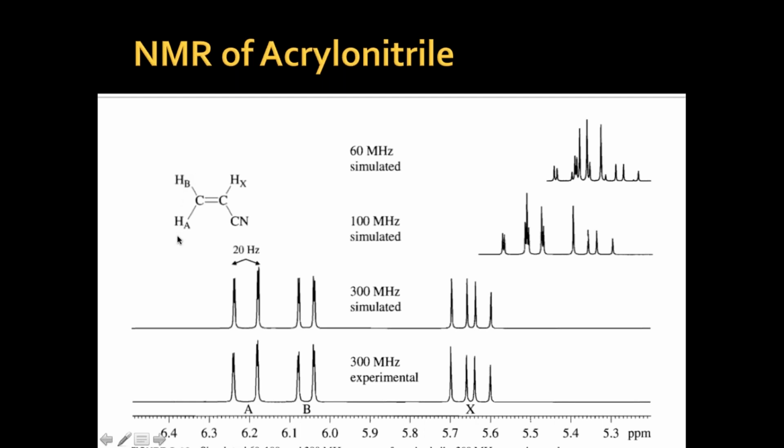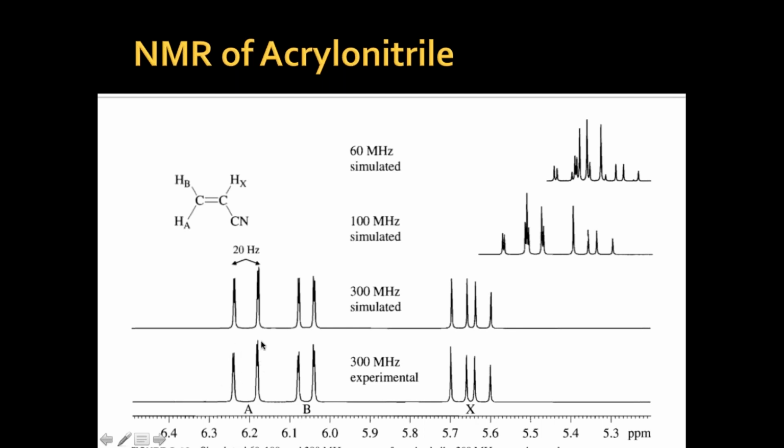In principle, it should show only two peaks, from HA and HB. But HA is also under the influence of HX. That also will cause splitting. So that's why you can see doublet of doublet.